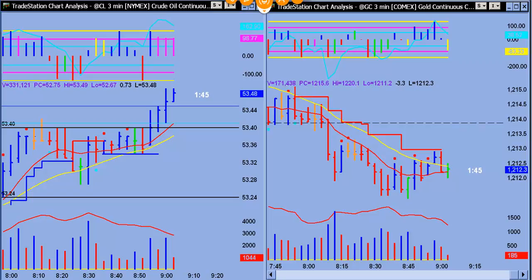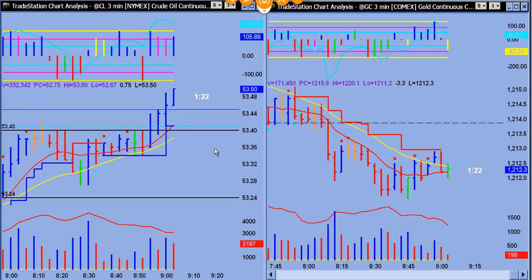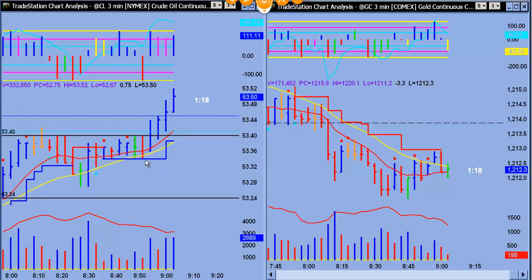These are price and volume charts, and they have it set up in a particular way to take advantage of what price and volume tells us. What you want to do is buy on down bars. Red bars are down bars, blue bars are up bars.